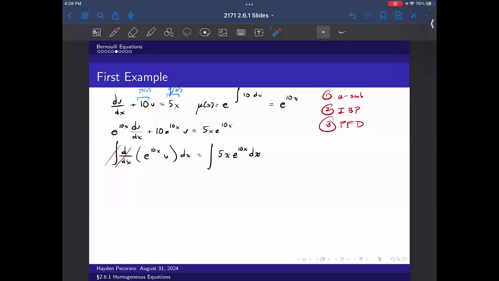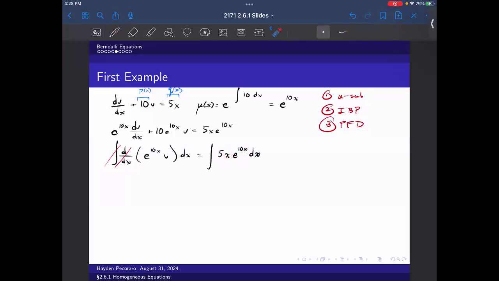Which one is going to be useful for this integral? Integration by parts. Why is that the one we want to choose here? You have this times this, and one of them will go away if you differentiate it.